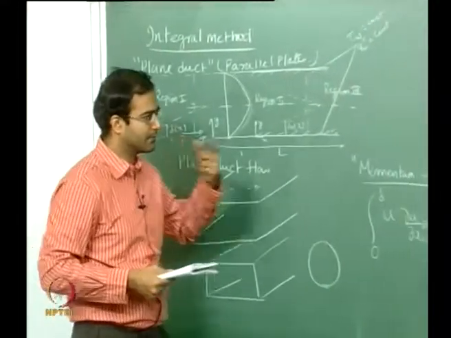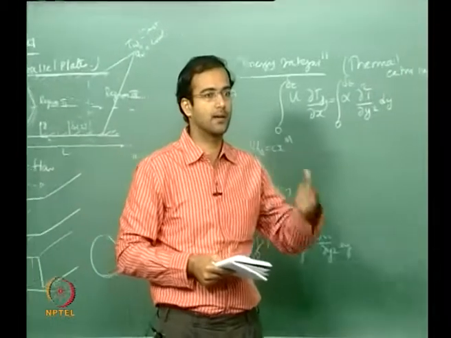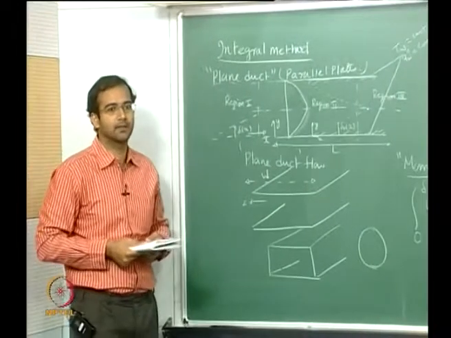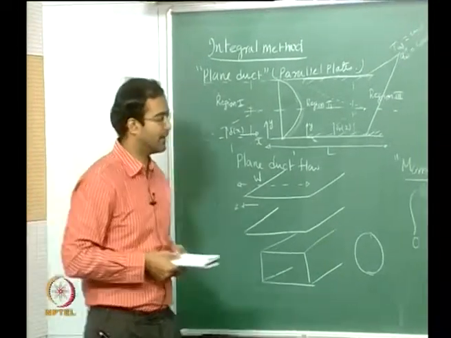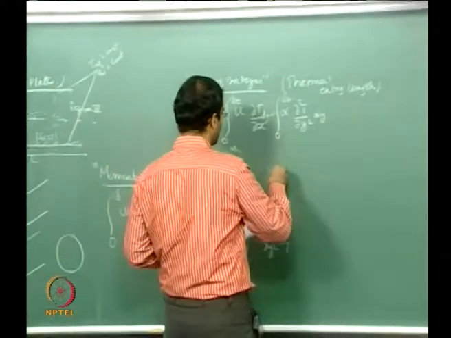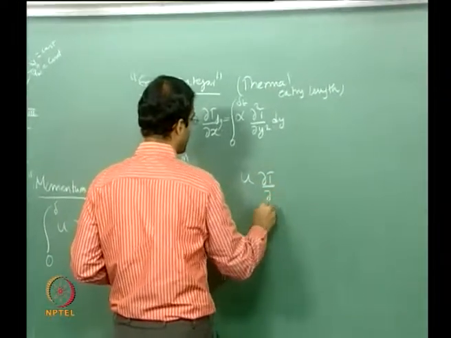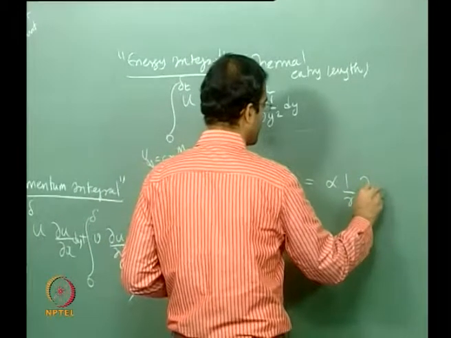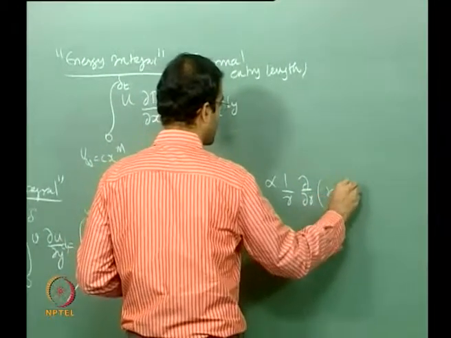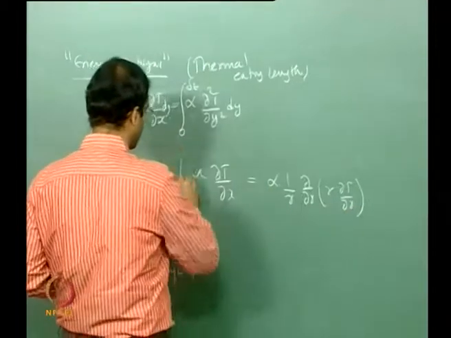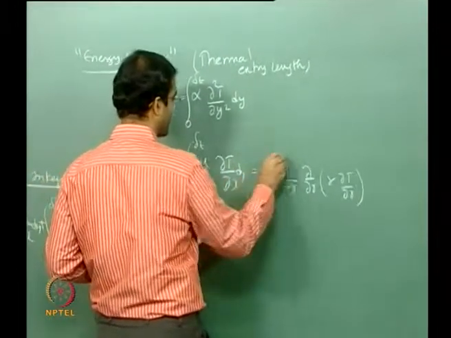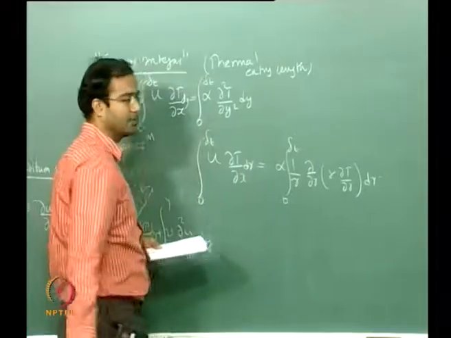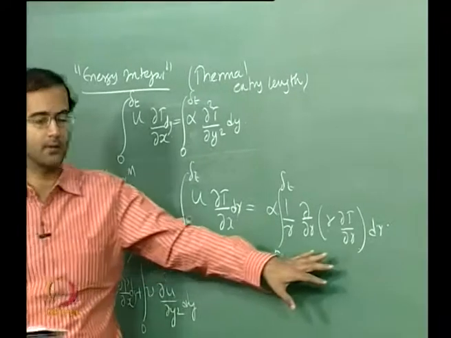Now once it comes to non-Cartesian coordinates, that is the circular duct, then you cannot even apply the energy or the momentum integral there. Why? Because you have a complicated term: u dT by dx is equal to alpha times 1 by r d by dr of r dT by dr. Now if you are integrating from 0 to delta t dr, this becomes quite difficult to evaluate.